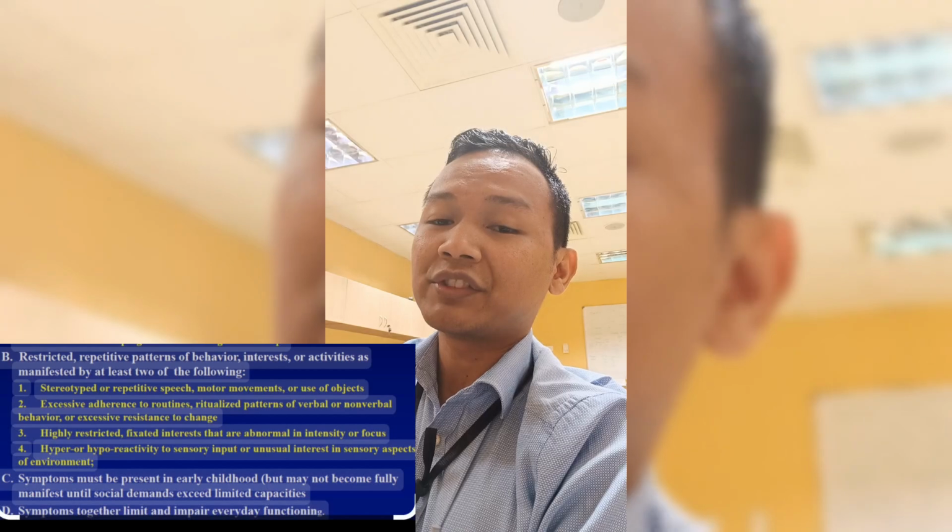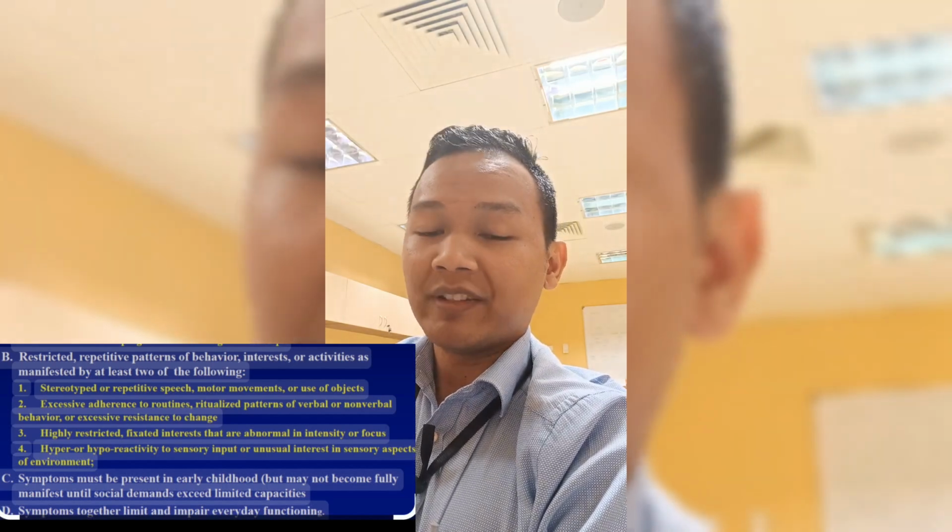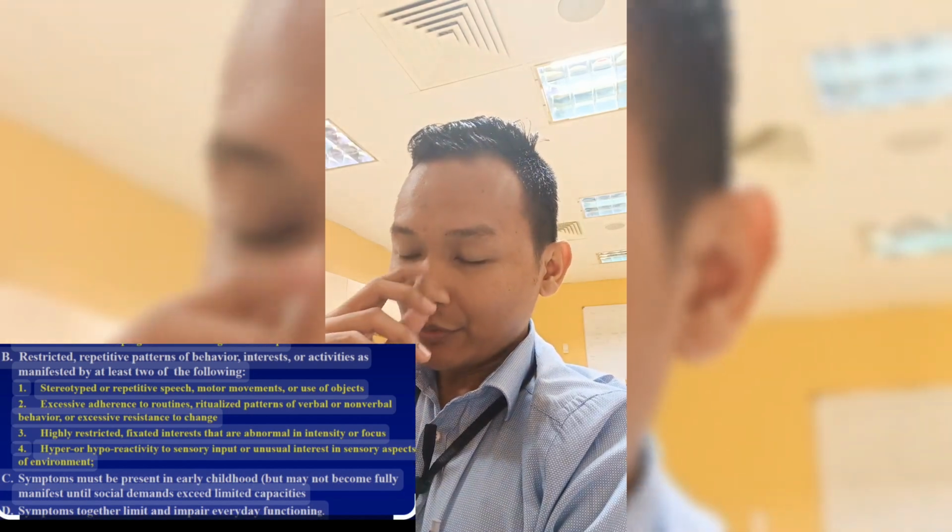For example, they have a lot of difficulty cutting their nails or cutting their hair, because they have a problem with the sensation. They just cannot tolerate certain things. You will also see this behavior where they cannot tolerate certain loud noises. It will distress them a lot.